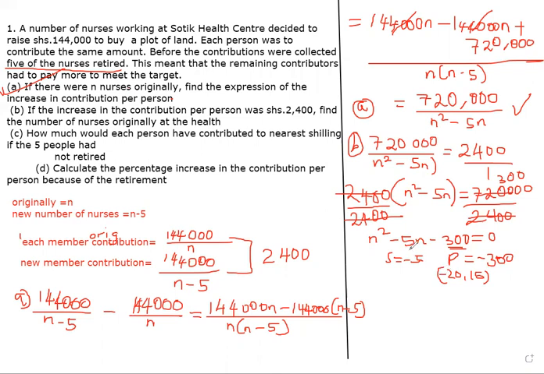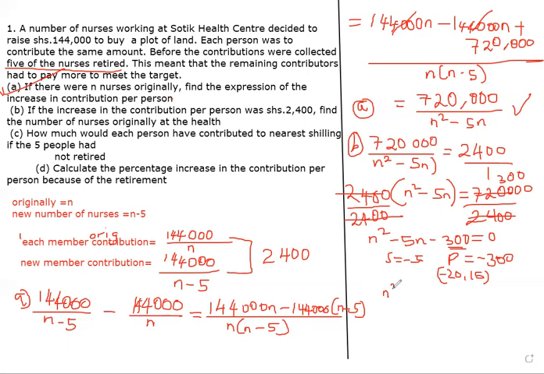But if the sum is positive and the product is positive, it means that both numbers are positive. But if the sum is negative and the product is positive, it means that both numbers are negative.